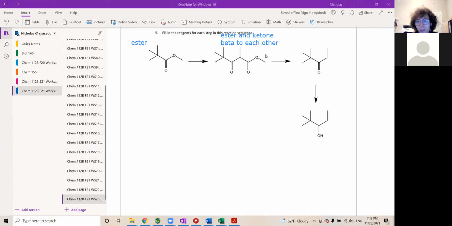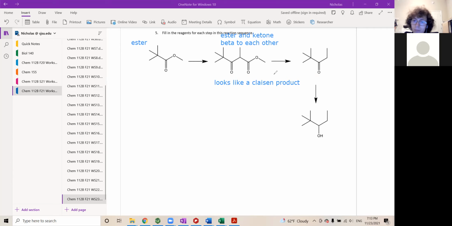So because the ester and the ketone in this product are beta to each other, this looks like a Claisen product. We could make it from a Claisen reaction. And that is the easiest way to do this. So that's how I'm going to do it.